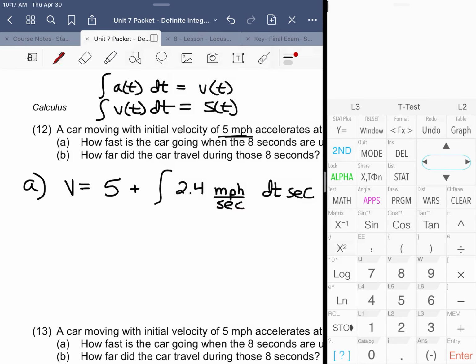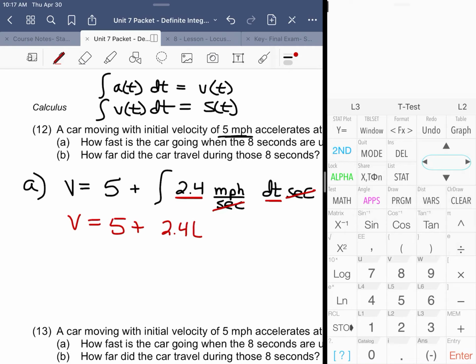All right, very rarely do we include the units, but since it's a contextual situation, it's worth it in this situation to do so. All right, so the seconds, you see that one is a denominator, one is a numerator, would cancel, and we would be left with v equal to 5 plus the antiderivative of 2.4 miles per hour dt.